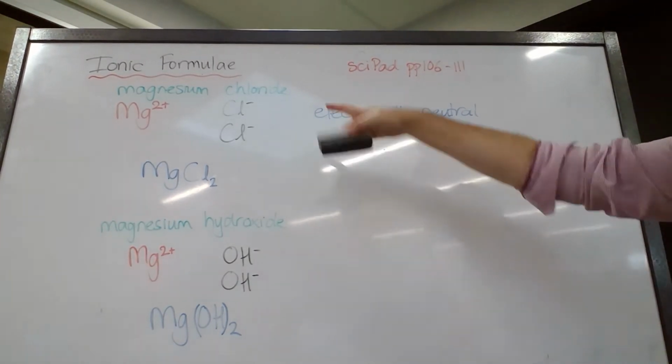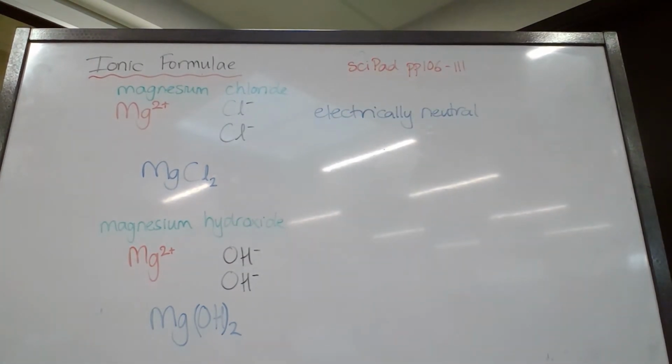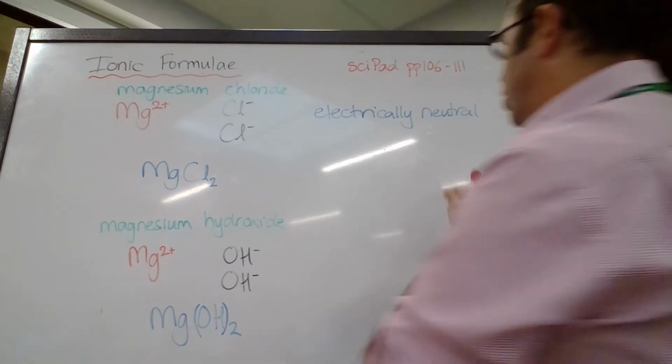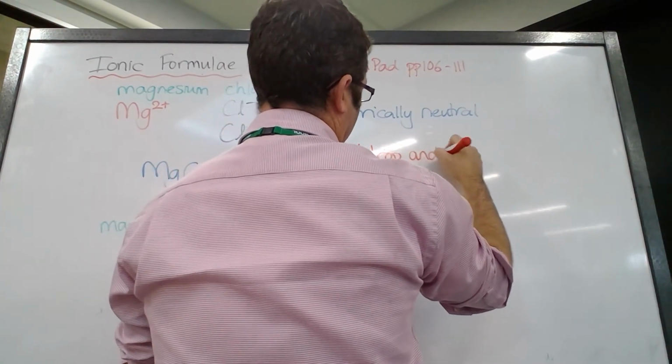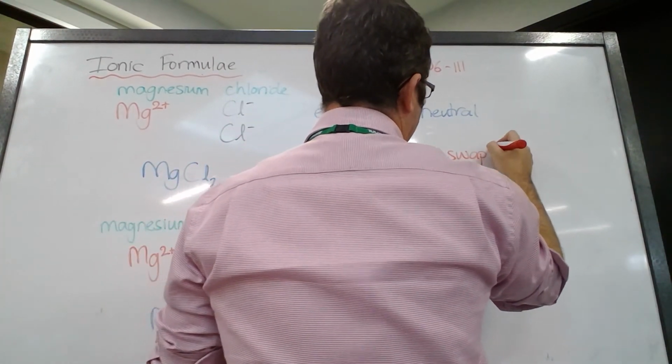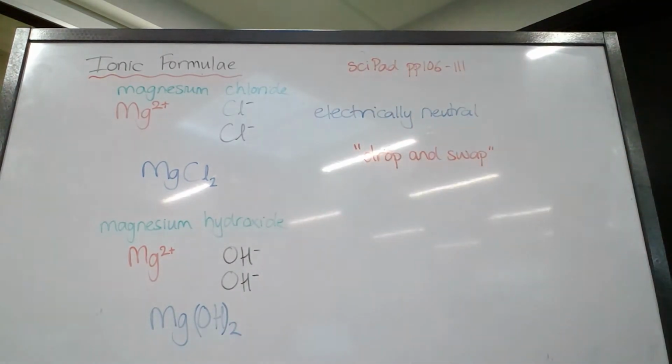Now, drawing these out like this gets a bit tedious and a little bit hard to do in an exam. So luckily we've got a trick for how to do it, and it's called drop and swap. And I'm going to use my magnesium hydroxide as my example for that.